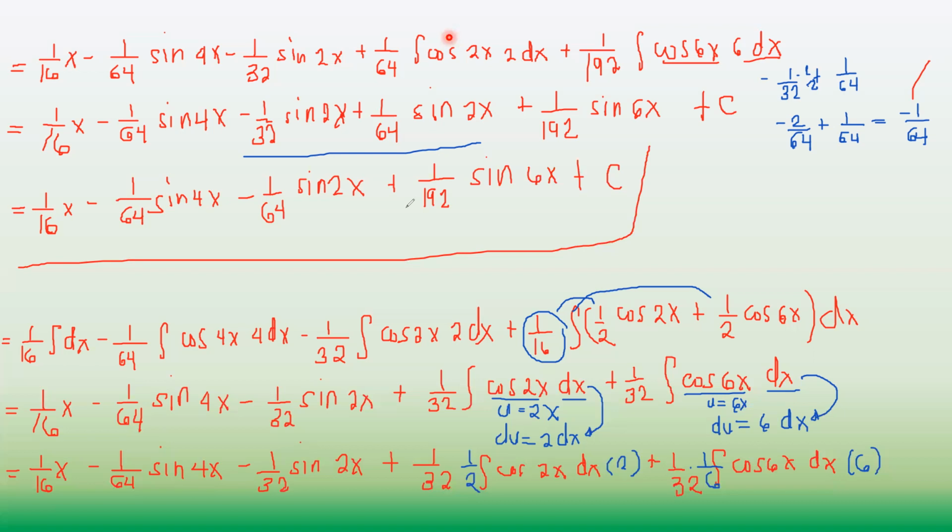Now using this solution, so we arrived at 1/16x minus 1/64 sine 4x minus 1/64 sine 2x plus 1/192 sine 6x plus c. So yan yung isang solution natin. So ganyan kahaba yung nagiging solution for case number 2. Again, basta ito ay palit ng cosine squared at sine squared ng 1/2 plus 1/2 cosine 2u for cosine squared and 1/2 minus 1/2 cosine 2u for sine squared.